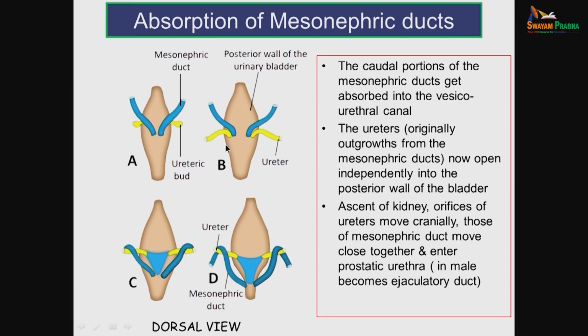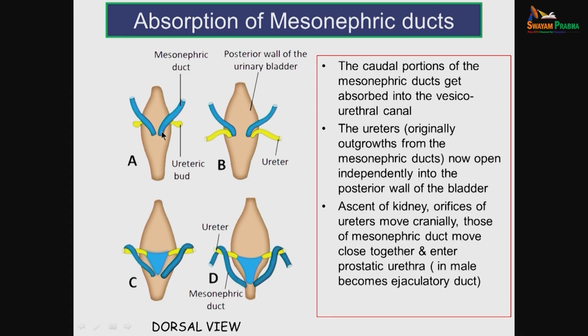This cranial part is going to form the bladder. So, this is the posterior wall of the urinary bladder. You can see the mesonephric duct opening into it, and from the mesonephric duct there is a ureteric bud, which is called the mesonephric diverticulum. Now, this caudal portion of the mesonephric duct is absorbed into the vesico-urethral canal.